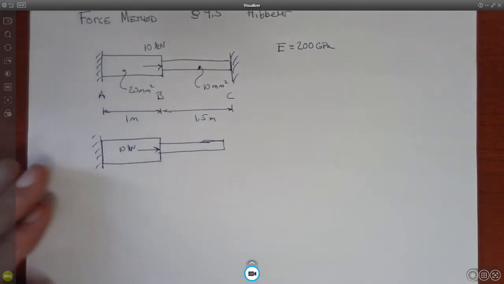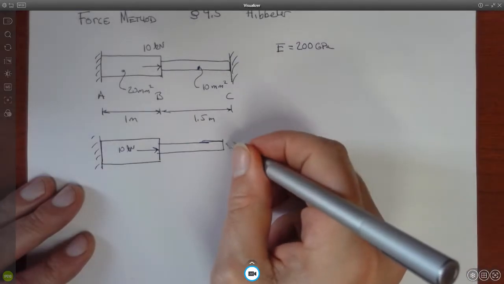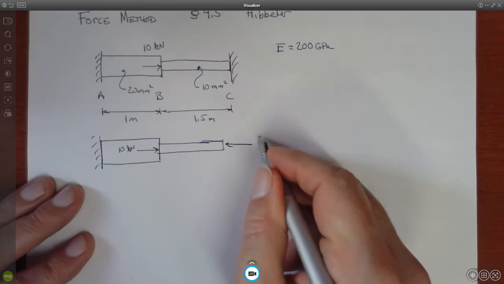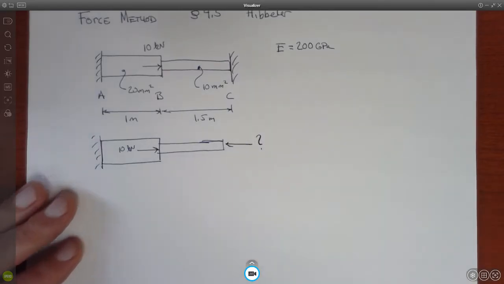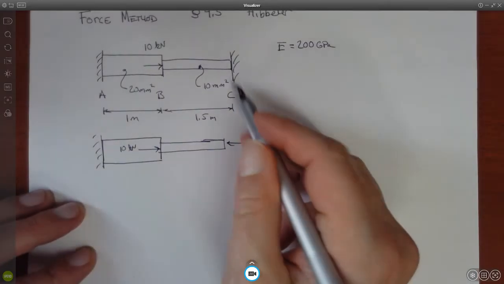And here we go. We've eliminated that constraint. Now I'm going to ask the question: what is the force that we would need on the right-hand side such that the whole structure does not elongate? Basically so that it still sits in these constraints.